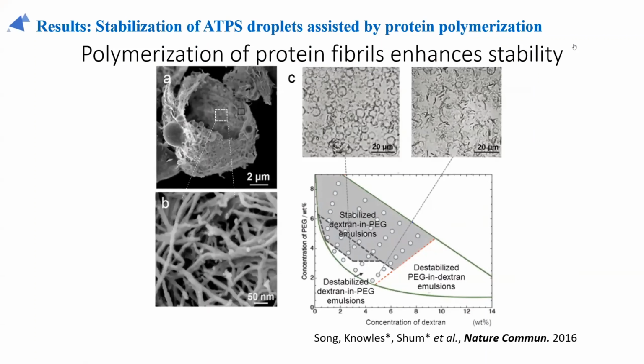And as a result of their polymerization and growth, suddenly some of these emulsions in this area that is now gray are now also stable. So this is one of the first examples where we can use protein polymerization, kind of simulating growth, to enhance the stability of the ATPS droplet. So this was one of the surprising findings we found.